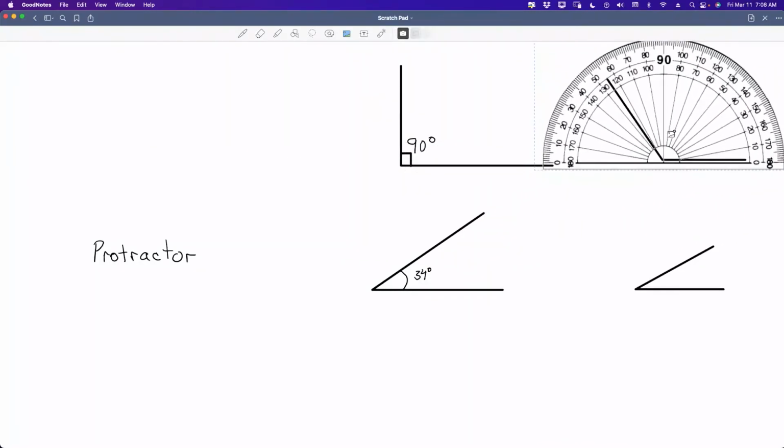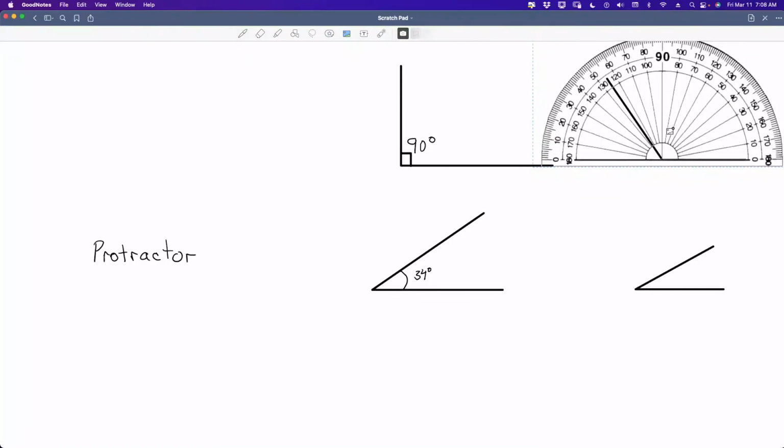So let's try another one. We'll measure this one here, and I'm putting the vertex right on 0. And I am looking at the upright line here, and I'm measuring from 0 all the way around. So 120, between 120 and 130. So if I come all the way out, it looks like it's right about on the 126.